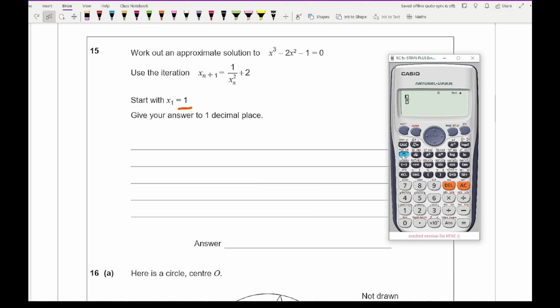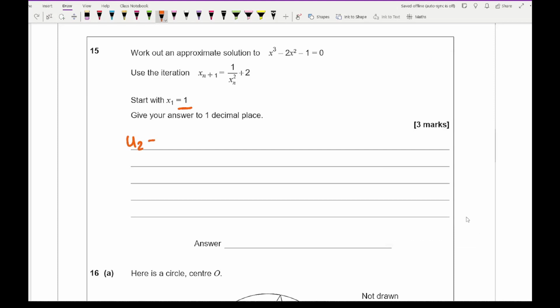And then next what I want to do is enter the formula, replacing anything with xn with Ans. So it's going to be 1 over Ans squared, and then scroll across and write plus 2. So my second value is 3, so u2 is 3, u3.